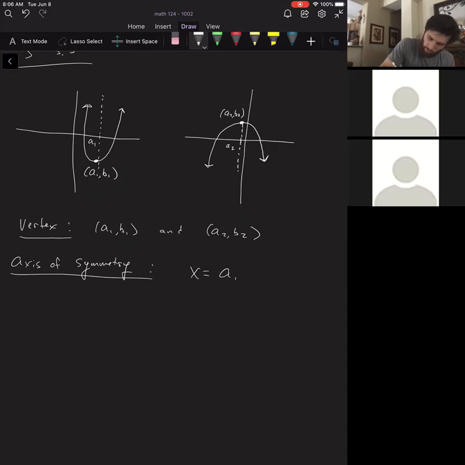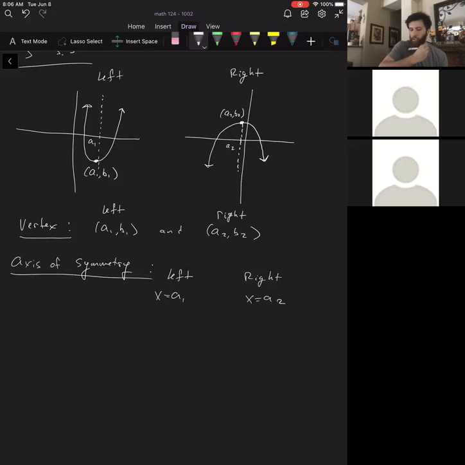This is the left, this is the right. The left axis of symmetry is going to be x equals A1. So it's just the vertical line that goes through the x value of A1. And on the right, it is x equals A2.